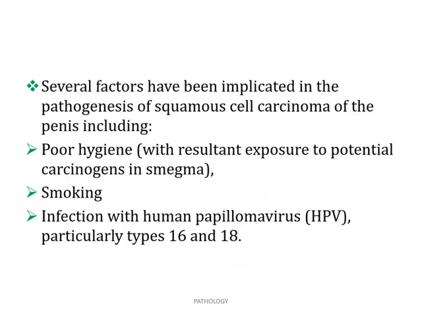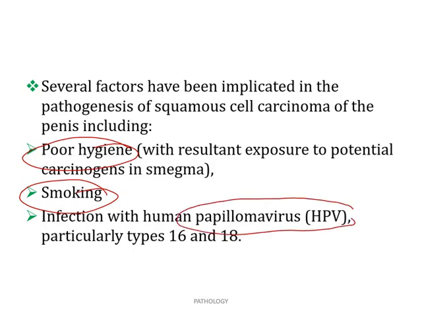We have several factors which have been implicated in the pathogenesis of squamous cell carcinoma of the penis. These include poor hygiene, of course that's a risk factor, smoking, also a risk factor, and infection with viruses such as human papilloma virus, type 16 and type 18.